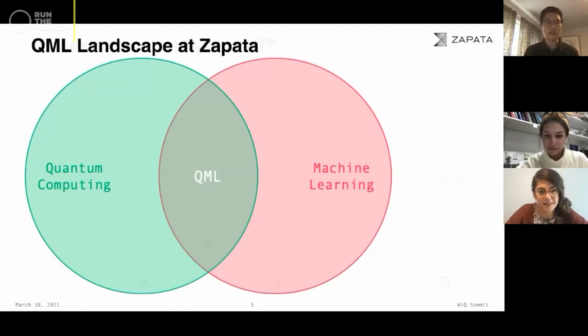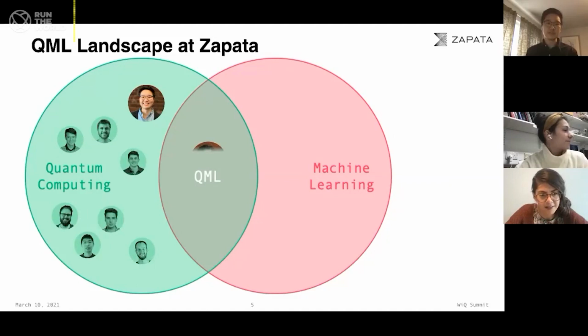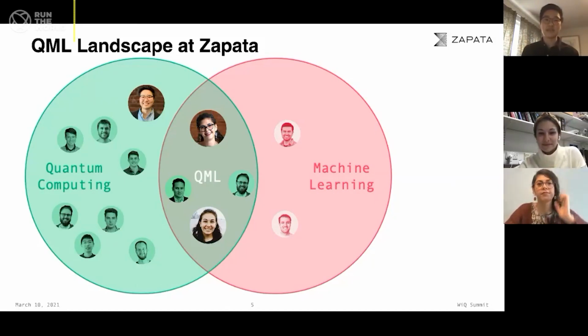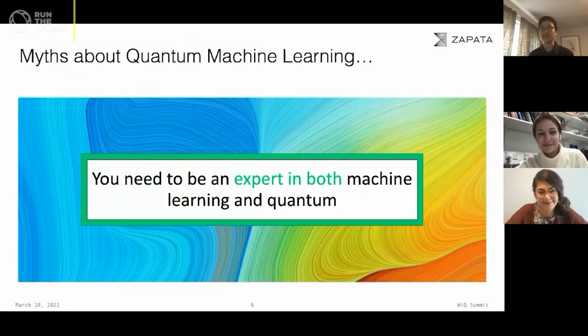We had a pretty similar percentage, where, for example, I see myself more in the quantum computing side of the Venn diagram, although over the years I've been inching closer and closer to the QML zone. But folks like Marta and Kaitlin have been really directly working within QML research and applications. So that's really cool. With that, we're going to dive into the QML myths.